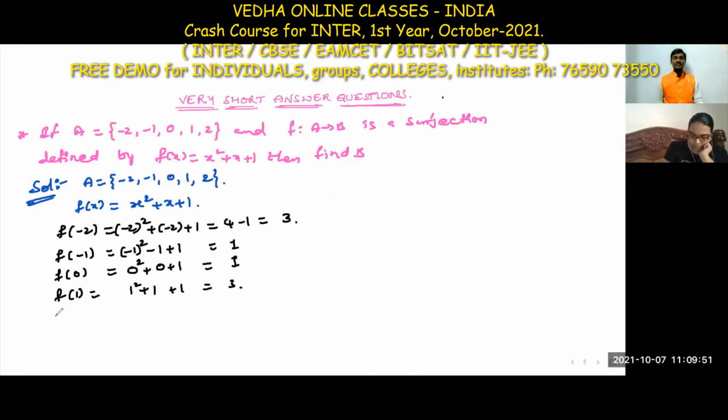Substitute 2 in place of x, so it is 2 square plus 2 plus 1. What is 2 square? 4. 2 plus 1 is 3. What is 4 plus 3? 7. So f of A, the images of A, is 3, 1, 1, 3, 7.